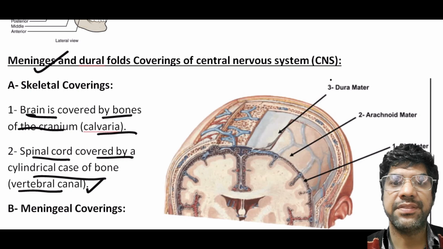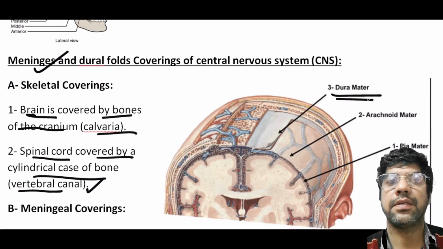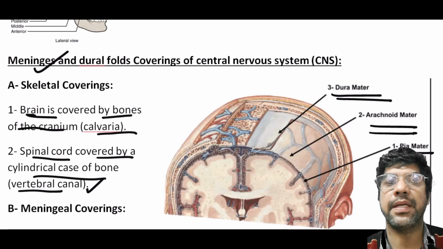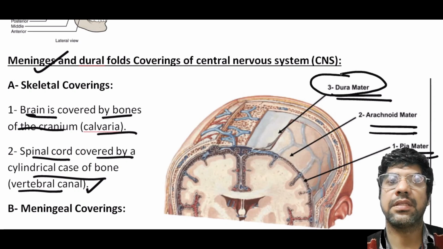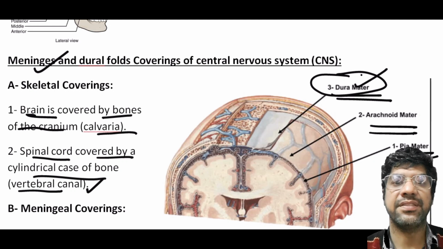Now the meninges: the outer layer is the dura mater. The middle one is the arachnoid mater and the innermost is the pia mater. Remember, the dura mater is the thickest among all these. The dura mater surrounds special blood vessels known as venous sinuses.